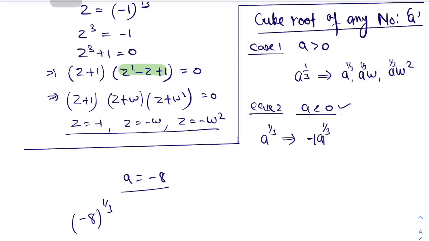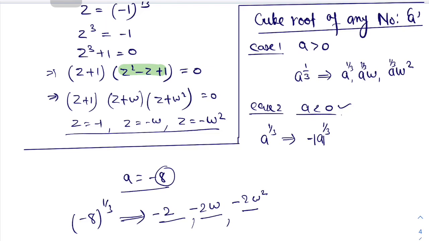Okay, so cube root of minus 8, there are 3 cube roots. Okay, first consider what is the absolute value of a, that is 8, and cube root of 8 will be 2. Okay, so 2, 2 omega, 2 omega square, and put negative sign in all of these 3.